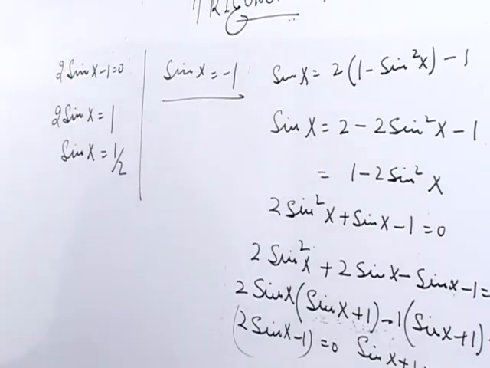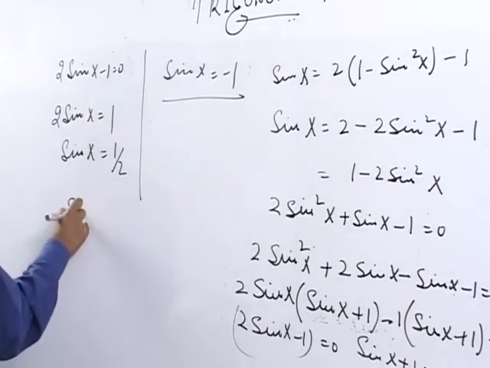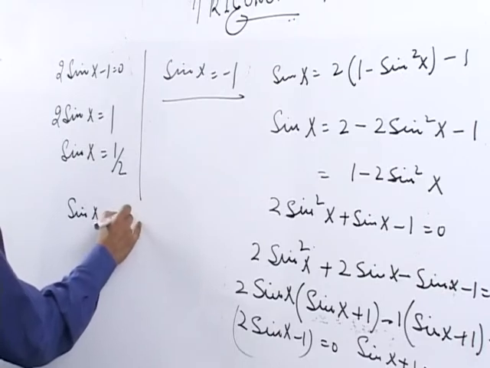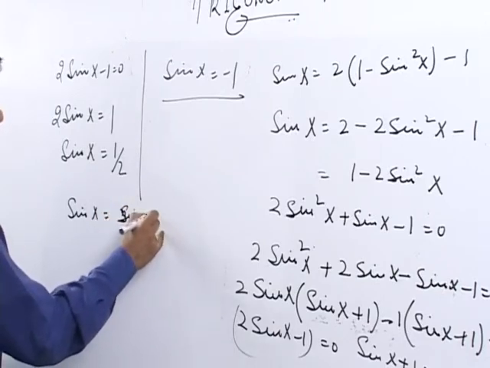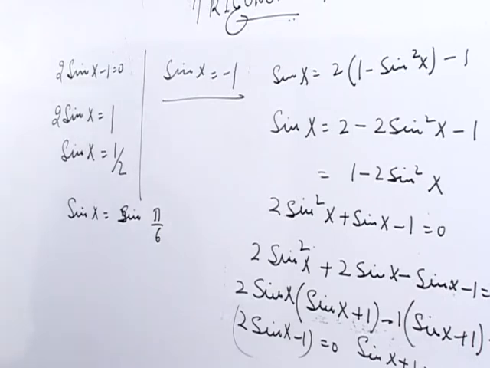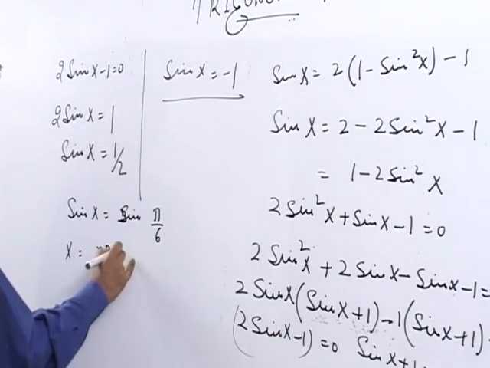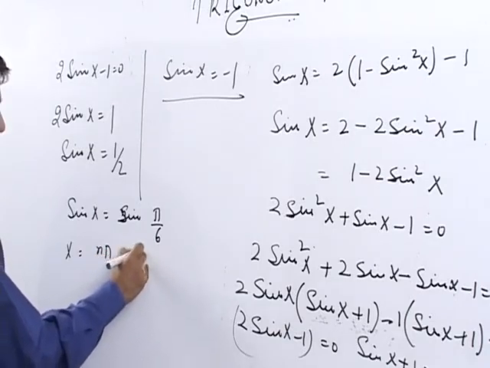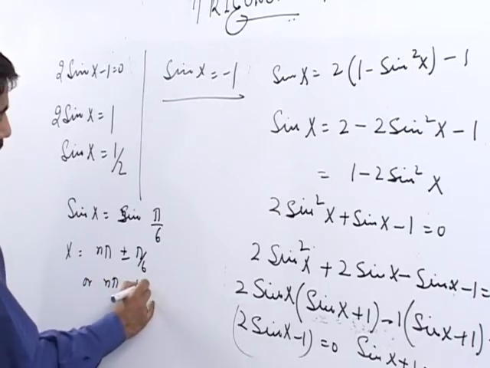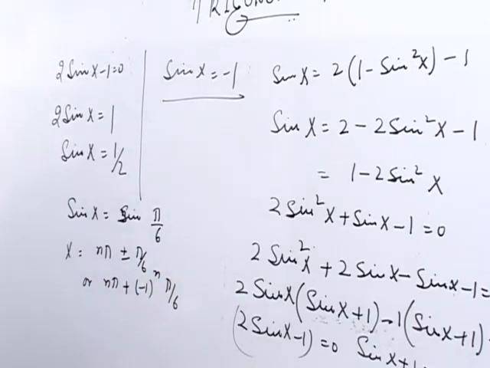This is 3 pi by 2, so we'll take this, and here sin x is equal to 1 by 2, that means sin of pi by 6, and x will be equal to n pi plus minus pi by 6, or you can write n pi plus minus 1 raised to power n pi by 6.